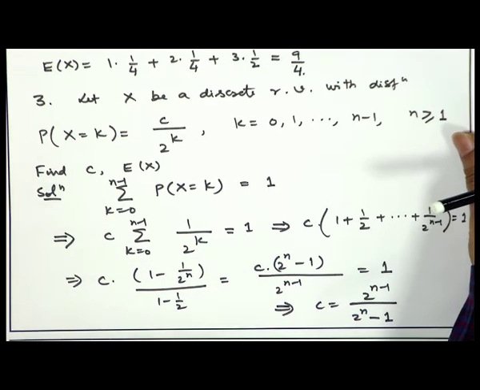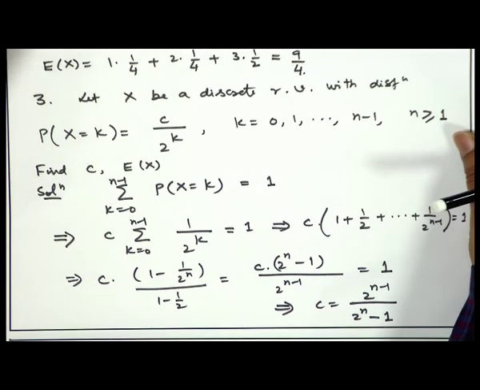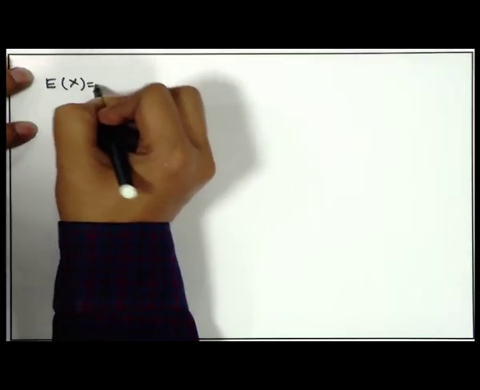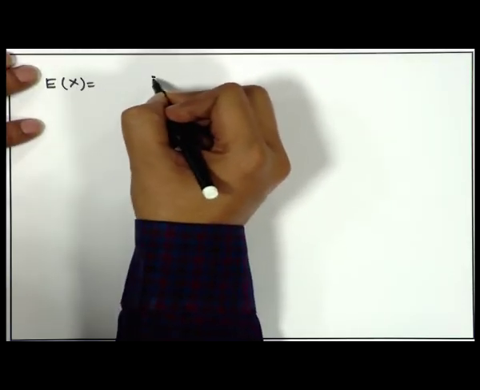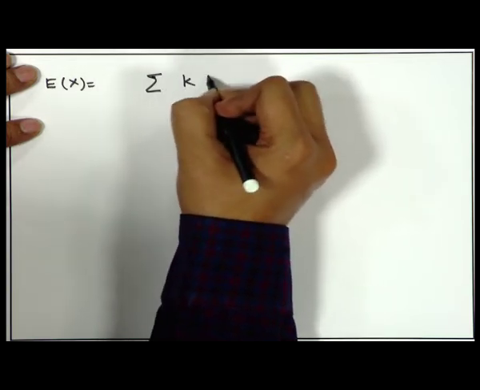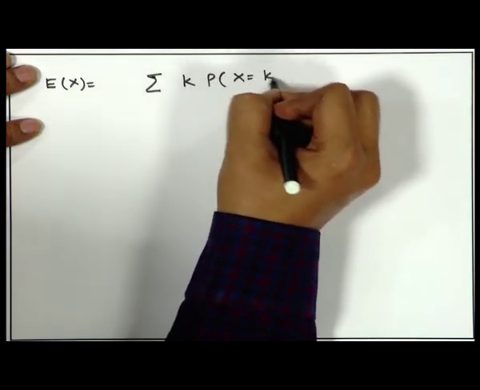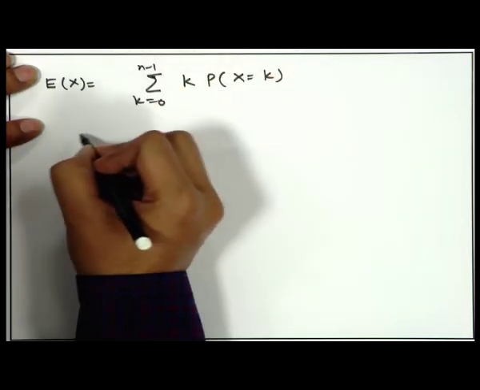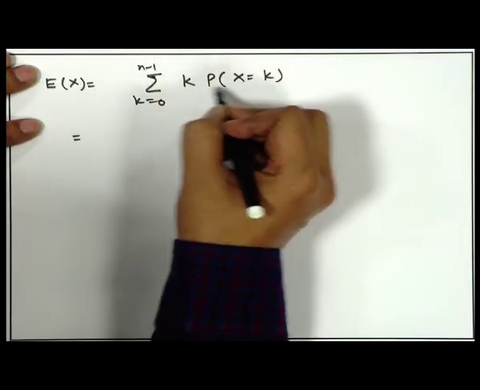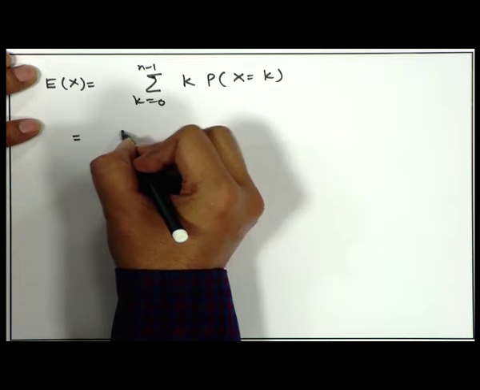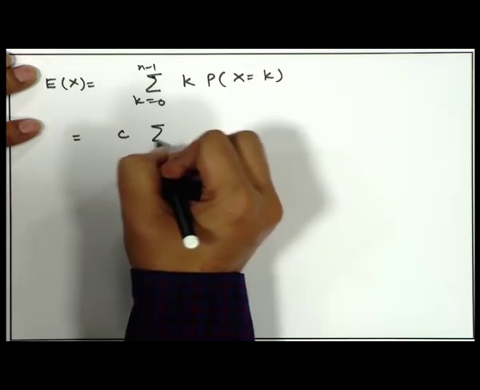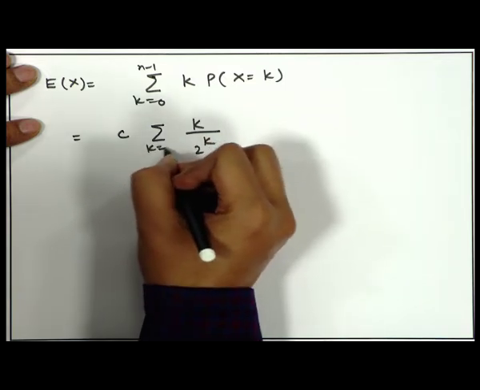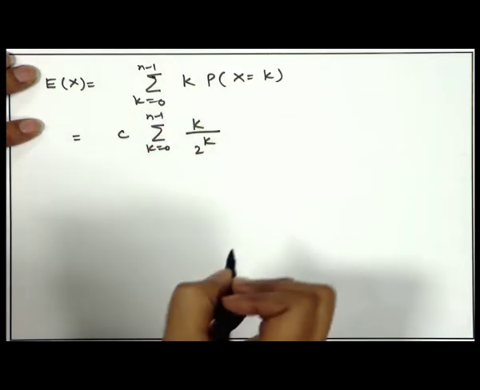Now in order to calculate the expectation of x, that is equal to sigma k into probability x is equal to k, k equal to 0 to n minus 1. So probability x equal to k is c times 1 by 2 to the power k, k equal to 0 to n minus 1.